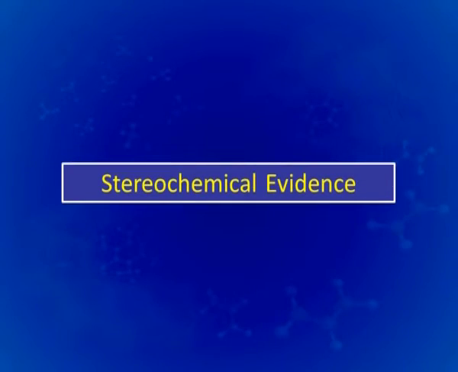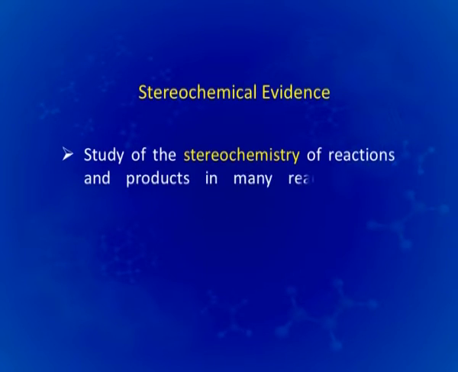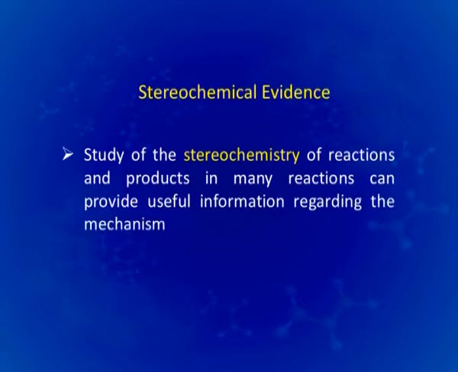Then we have stereochemical evidence. Stereo means in space, that means it is related to the stereochemistry of the molecules. Study of the stereochemistry of reactions and products in many reactions can provide useful information regarding the mechanism.